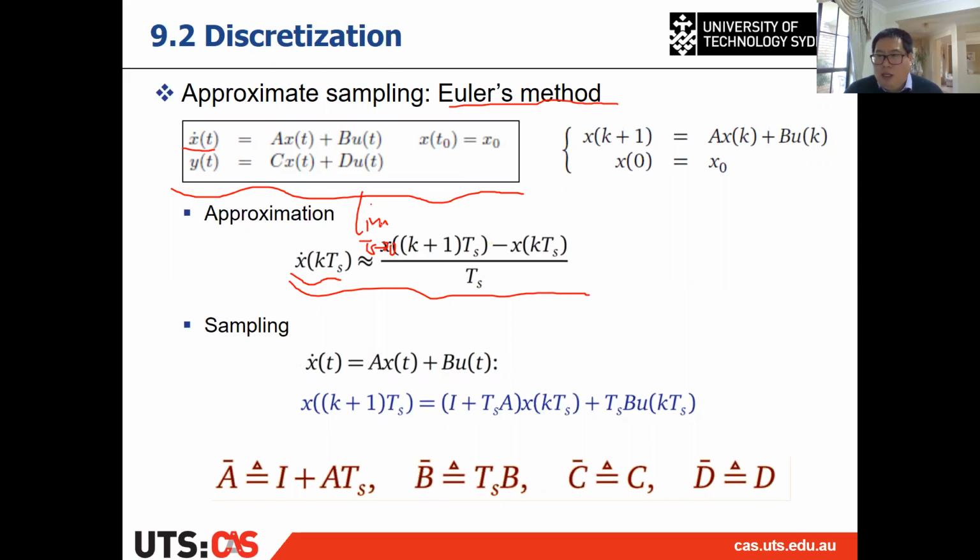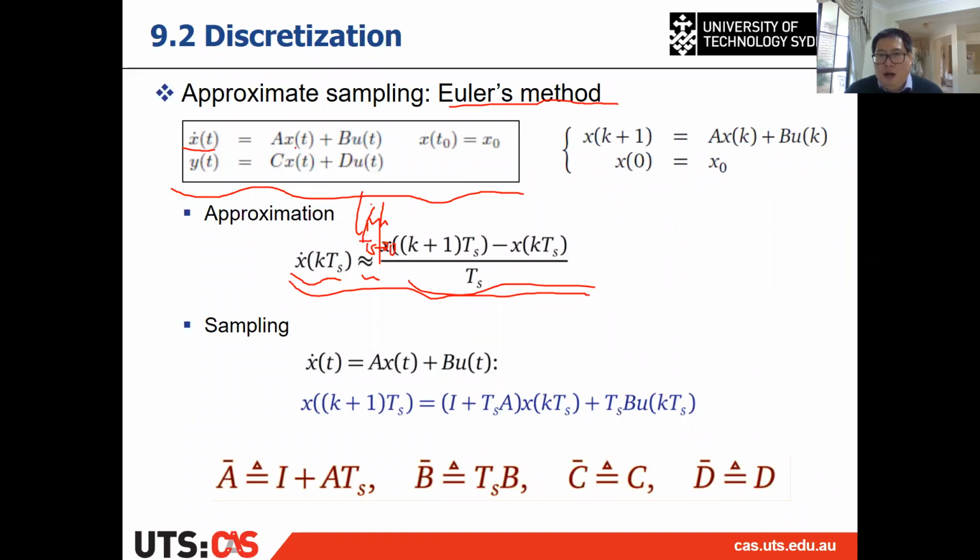But because we can't do the limit, if we drop the limit, that is an approximation. Which means x dot is approximately equal to xk plus 1 minus xk divided by ts. Ts is the time interval, right?